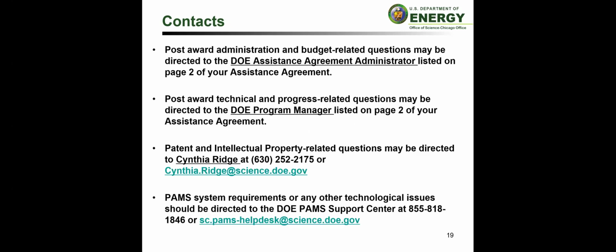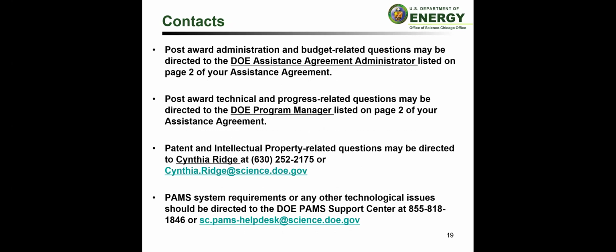Lastly, this slide is showing some points of contact for various questions. If you have questions regarding your terms and conditions, anything regarding budget changes, PI, personnel, etc., please reach out to your grants management specialist or contract specialist in my office.